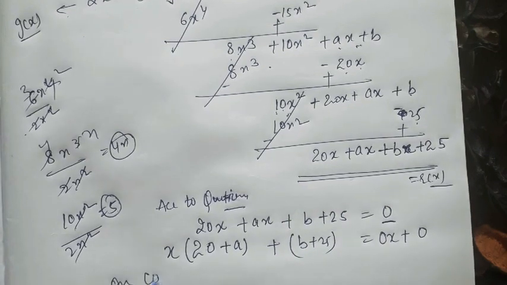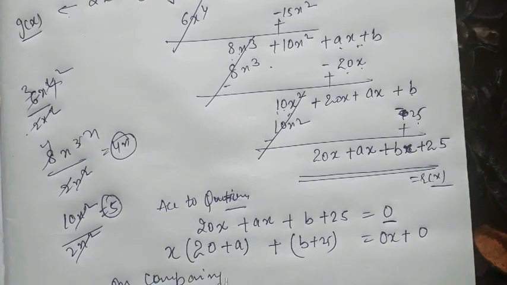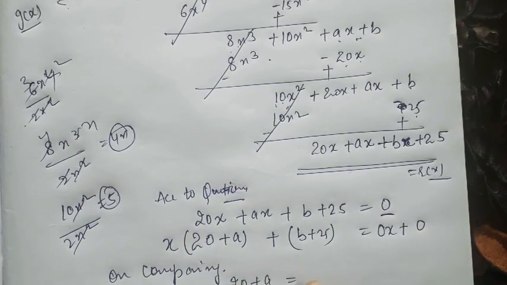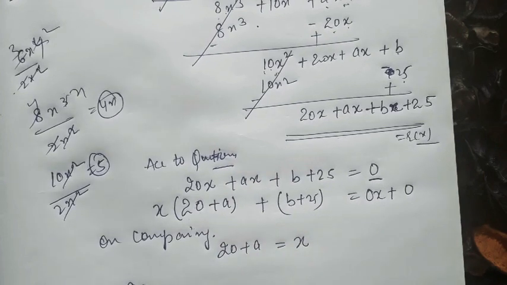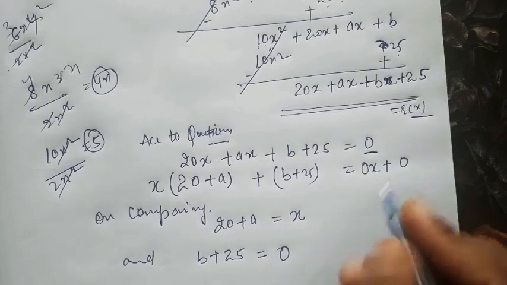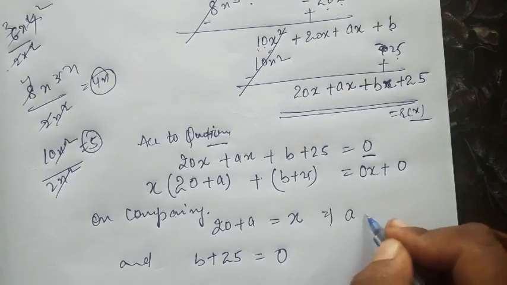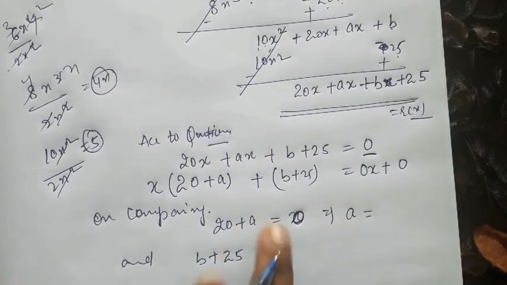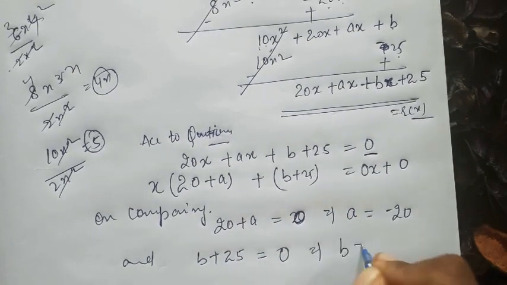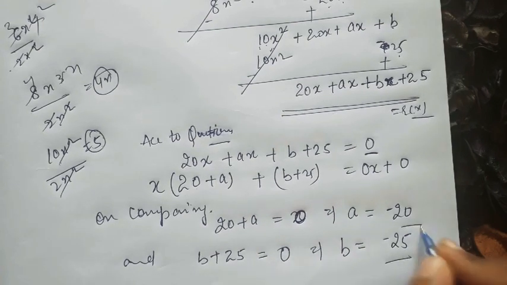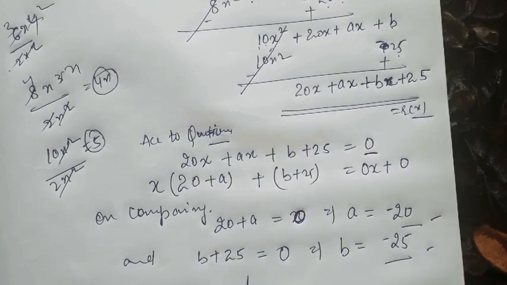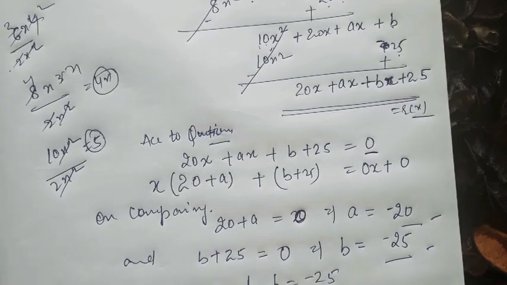On comparing the x term and the constant, we'll get 20 plus a is equal to 0, and b plus 25 is equal to 0. So from here I can get the values: a is equal to minus 20 and b is equal to minus 25. So therefore a is equal to minus 20 and b is equal to minus 25.